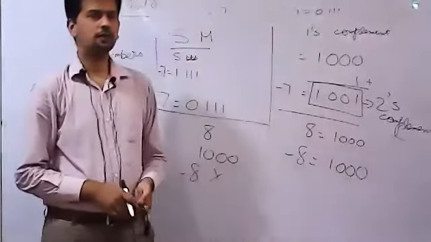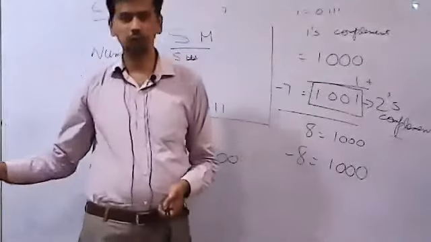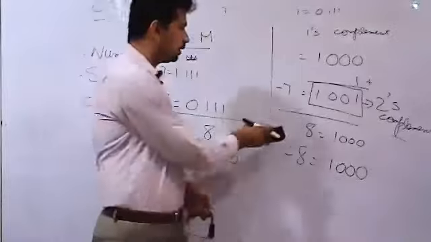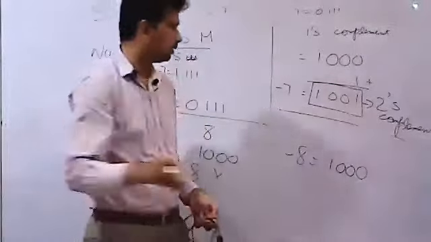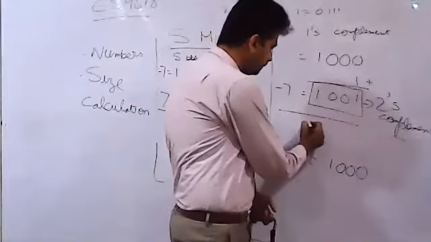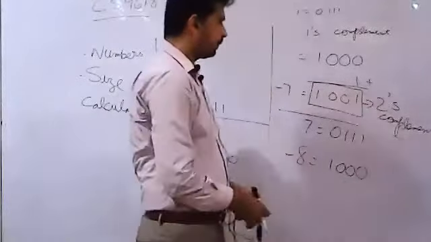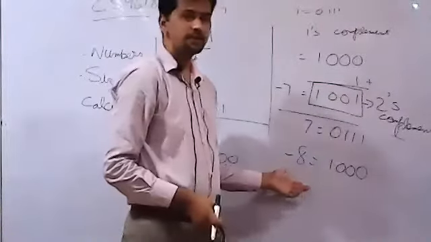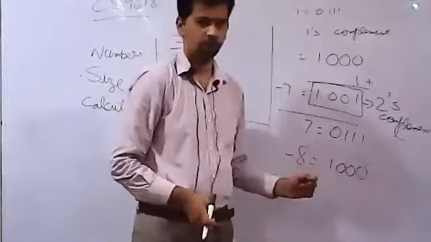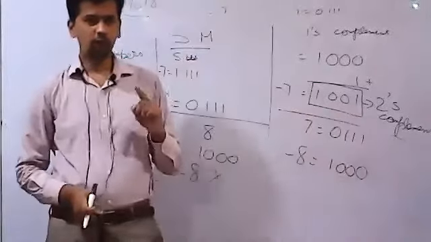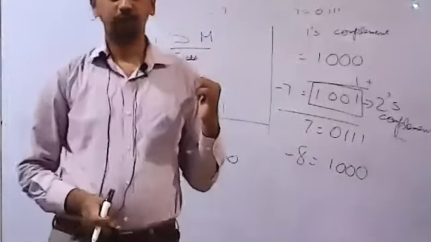The answer to this is, in the 2's complement method, for 4 bits, the largest number that you can represent is positive 7. And the smallest number that you can represent is negative 8 using 4 bits. I'm going to leave it to you to figure out how to calculate this.